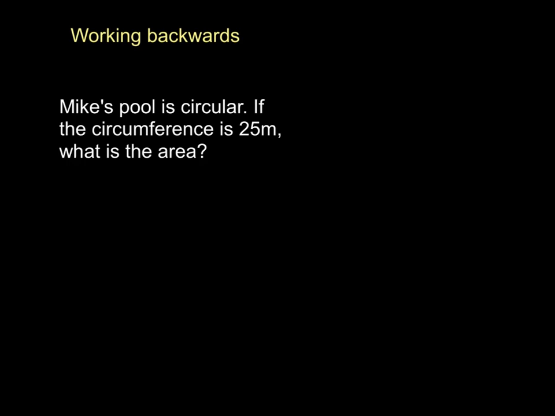So we have to think, well, what are we given and what are we asked for? We're given the circumference, so I'm going to underline the circumference here. We're given the circumference and we're asked to find the area. So straight away I would think, okay, we're mentioning circumference and area, I will write down both formulas.